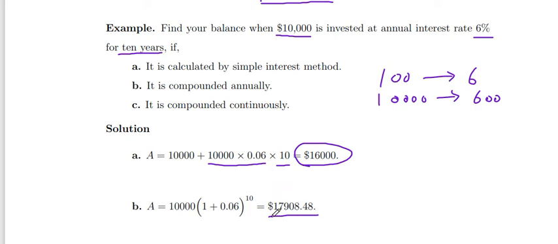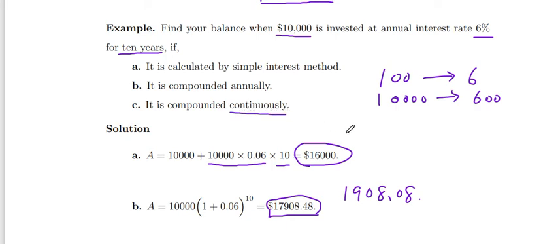The difference between simple interest and compound interest is huge, right? This is a big number, almost $2,000, about $1,900.